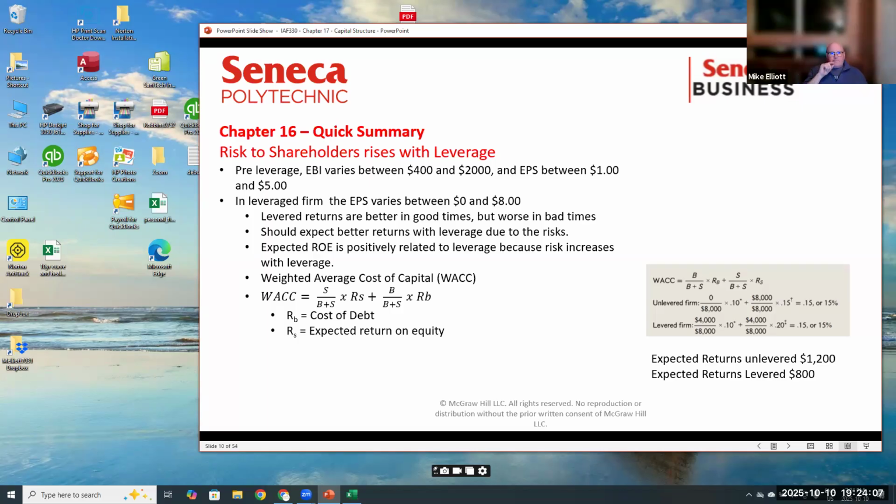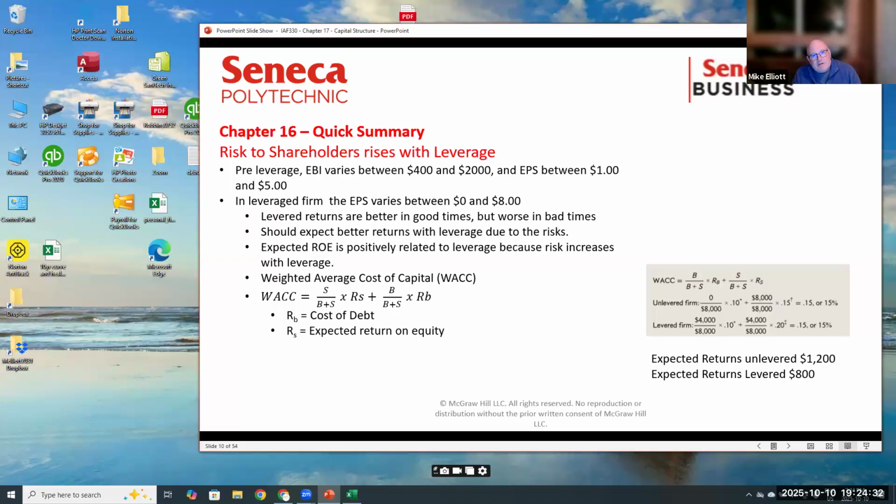Expected ROE is positively correlated to leverage because risk increases with leverage. Returns increase with risk. The problem is the tails of those returns can have negativity to it, which doesn't exist in unlevered models. What we're talking about now is the weighted average cost of capital.